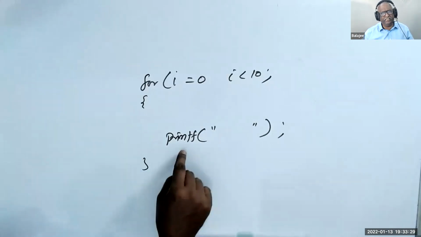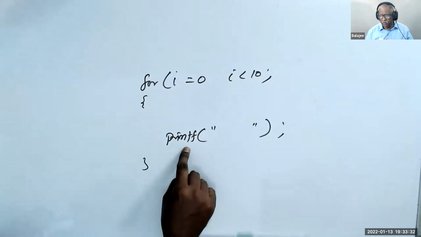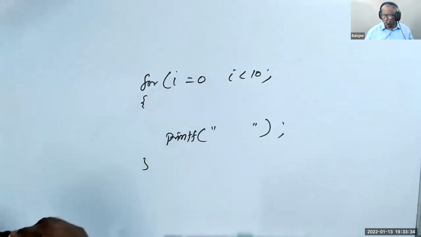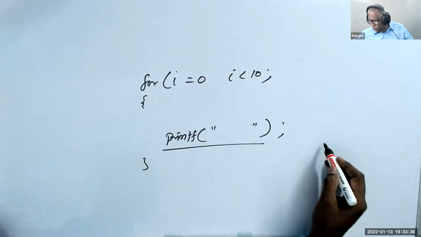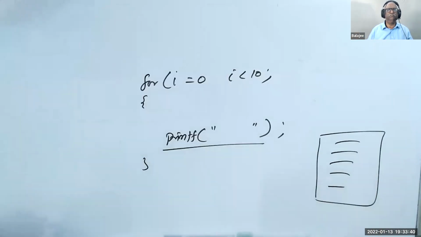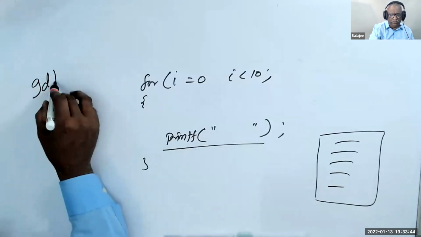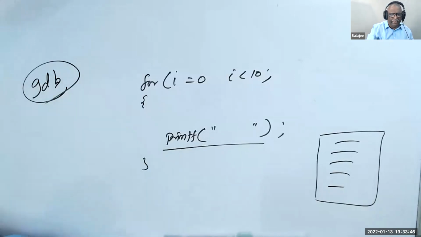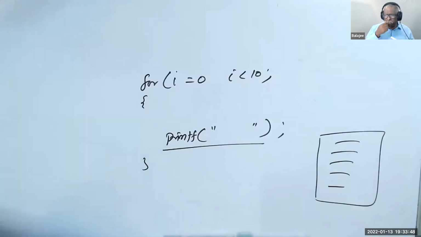So always do printf within the loop. When you print on the screen, you will know how to solve the problem. There are so many methods, like GDB and all. Don't get into those things now. That is all for the next level. When you cannot do programming at this level, then you do that.